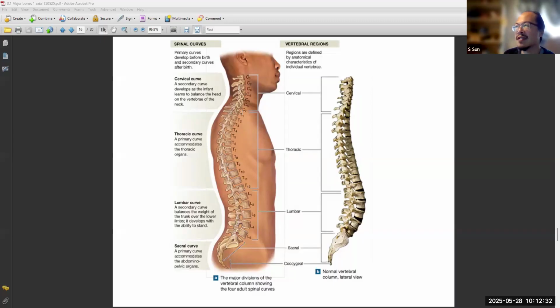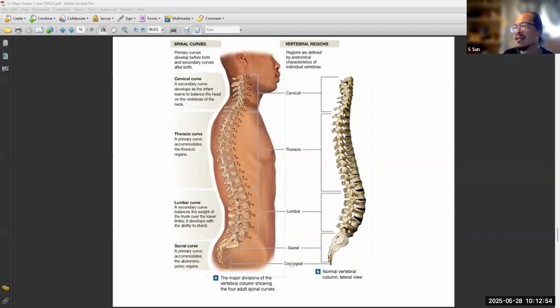Cervical, you have 7 cervical. Thoracic, you have 12 because we have 12 ribs. Lumbar, 5. Sacral is a fused bone, so it has several, but they all fuse together. In the end, we have the coccyx.